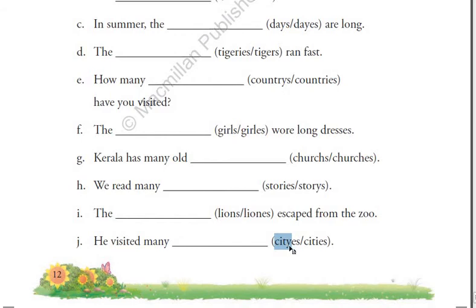So if the word ends with the alphabet Y, and the letter before is a consonant, you have to replace the Y with IES. So obviously this one is the correct option, CITIES. We even wrote the plural of this word in the earlier exercises, I remember. So the sentence will be: he visited many cities.